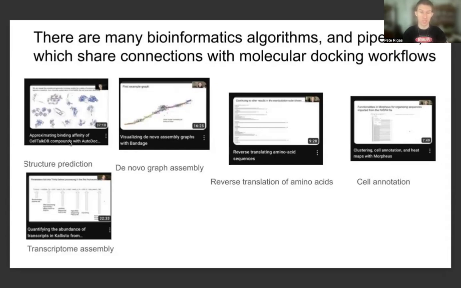binding affinity of cell-tog DB compounds, also even determining whether there are any uncertainties or probabilities of errors with sequencing, which is relating to visualizing de novo assembly graphs with Bandage, which is more generally relating to de novo graph assembly, even reverse translation of amino acids, which can help us determine the overall process in which basically the genome is able to disseminate and produce its material throughout some model organism.